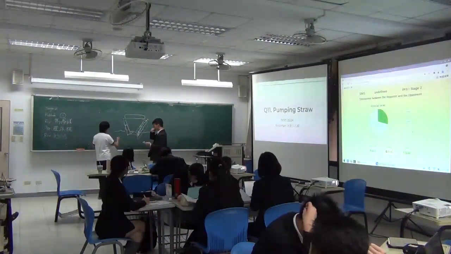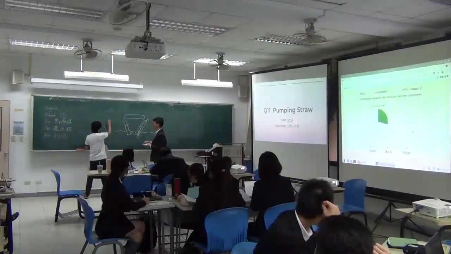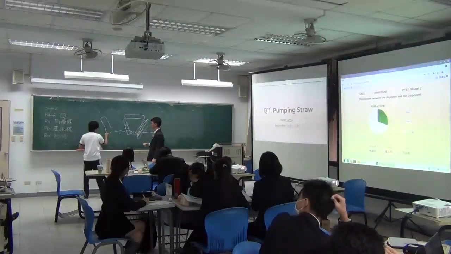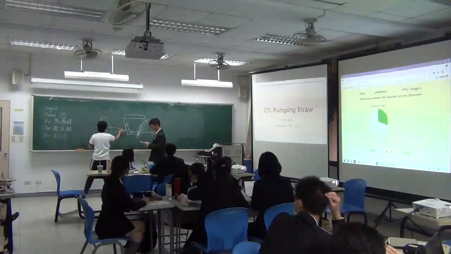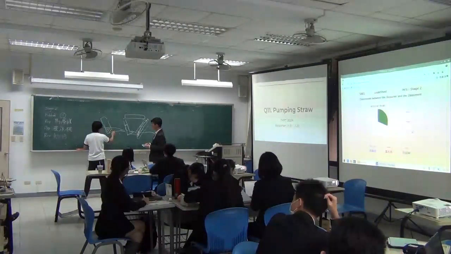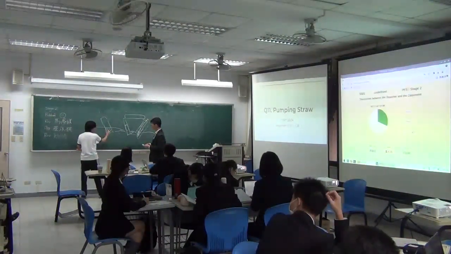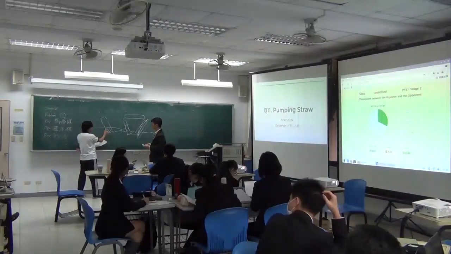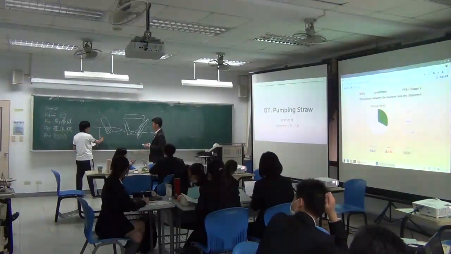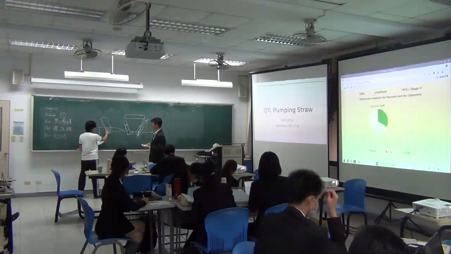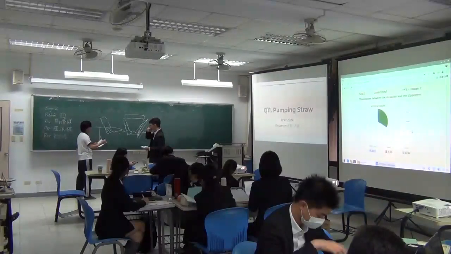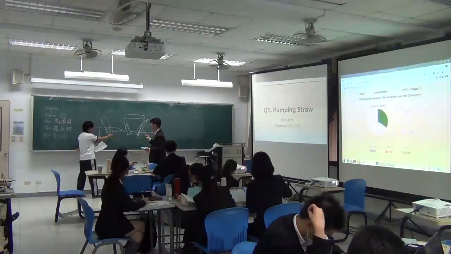Yeah, I do think so, because if we have the thickness, I could say in here the volume of the water will affect it too, because if we control the height of the water and the volume of water, the thicker straw will have the higher volume, yes.